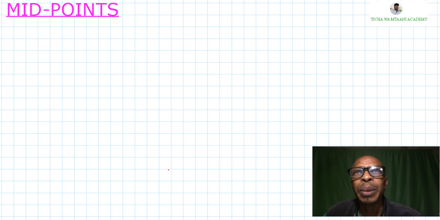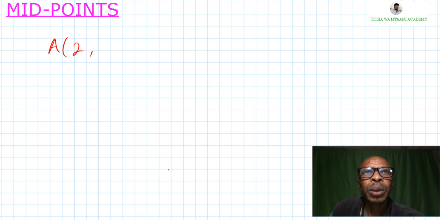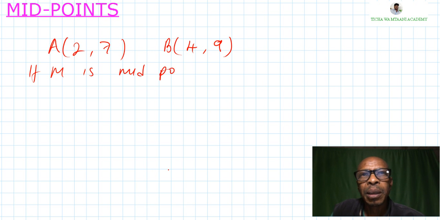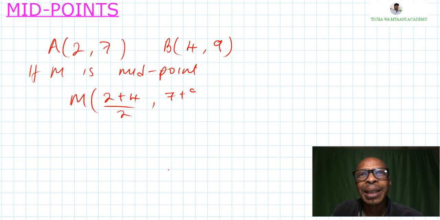For example, if A is 2, 7, and B is 4, 9, and M is the midpoint, then M is 2 plus 4 divided by 2, and 7 plus 9 divided by 2.